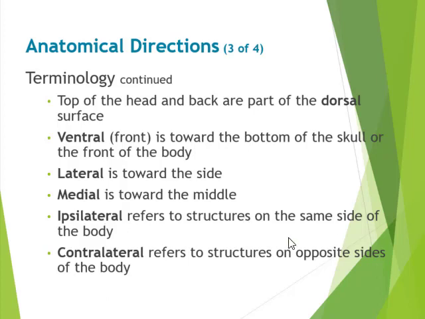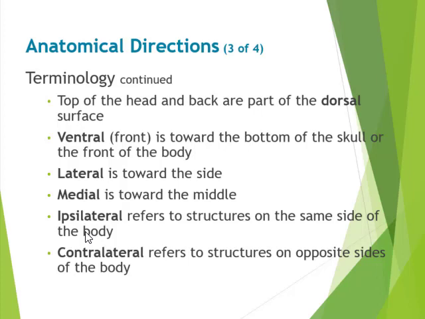Ipsilateral means anything that's on the same side of the body. Contralateral means anything that's on the opposite side of the body. So when we talk about sensation and perception, we'll talk about how information that you get through your right nostril goes to the right part of the brain. That's ipsilateral.